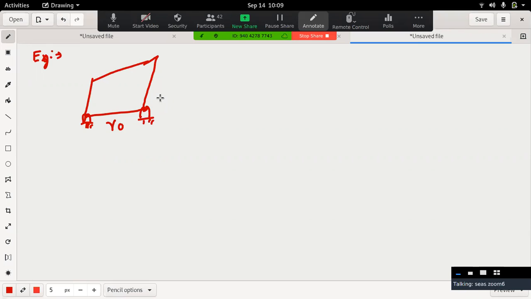Let's say this is link R0, R1, R2 and R3 taken in order. Link 1 is moving counterclockwise, and the values are given like this. Omega 1 is given as 100 radian per second.